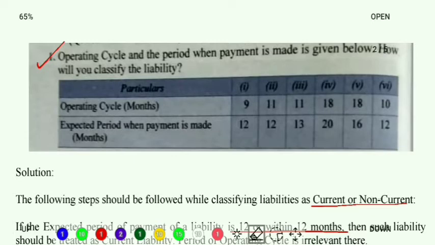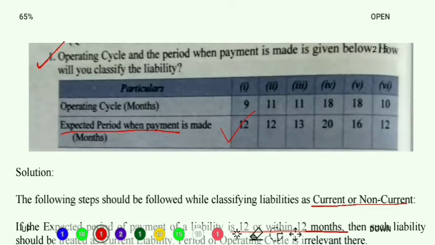First liability, liability number 1. How much is the expected period of payment? It is 12 months. So this is qualifying itself as per the first step, because in the first step the expected period of payment has to be either 12 or less than 12. So this is 12, it is qualified, it has become a current liability.